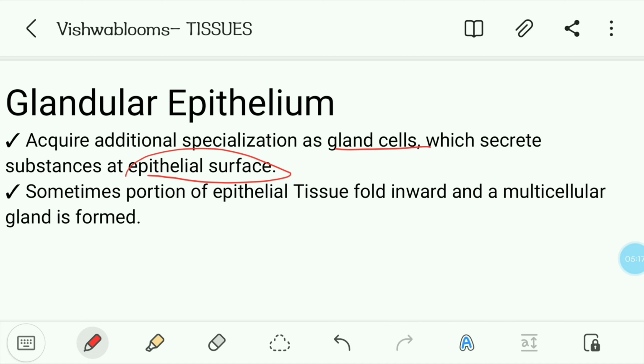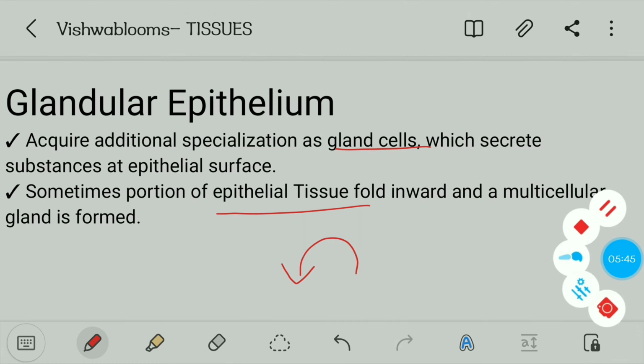And sometimes this portion of epithelial tissue folds inwards to form a multicellular gland. So that is glandular epithelium. With this we completed our epithelial tissue.